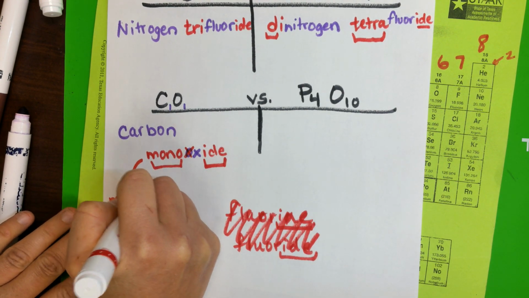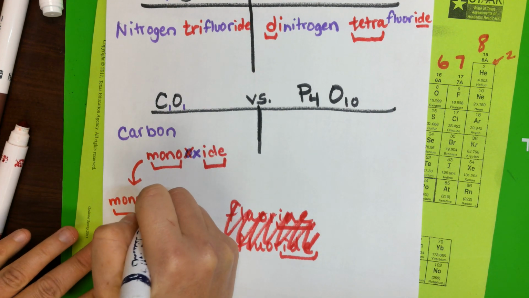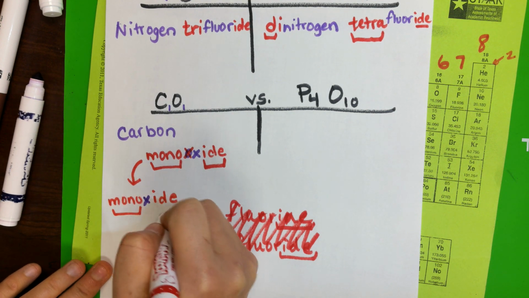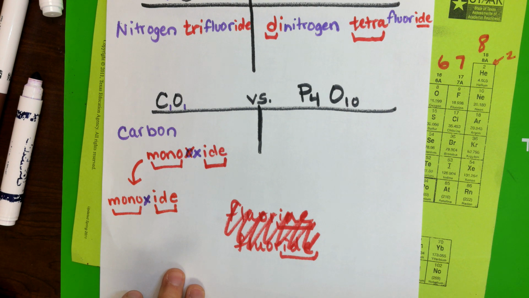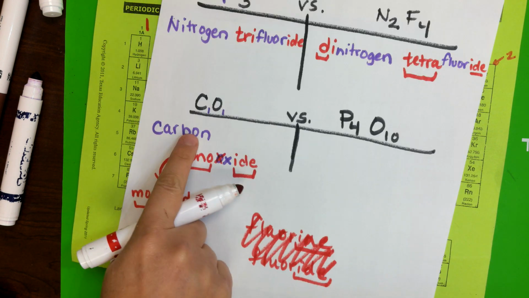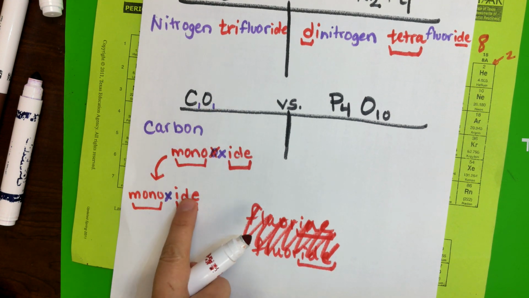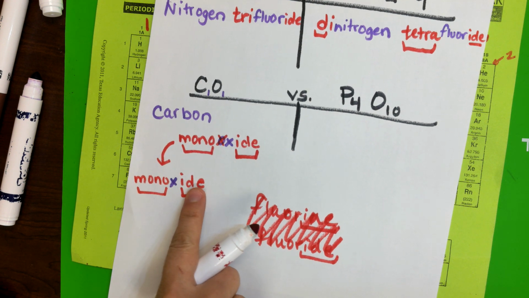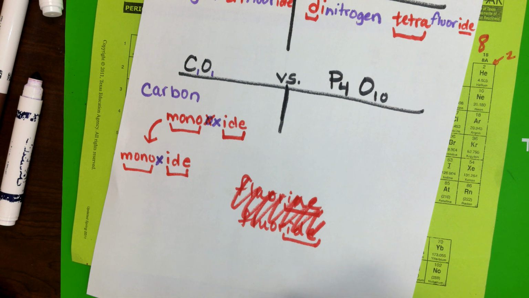So it will be mono as your prefix, and then the ox, and then it's the IDE, monoxide. Okay, so again, this would be carbon, and then it's mono, and then monoxide. Okay, so you always apply that IDE.